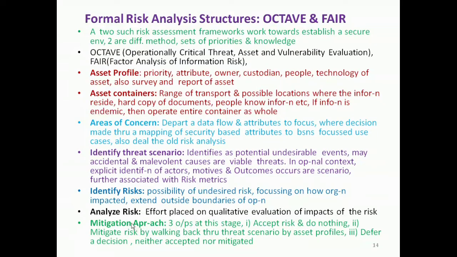So in order to reduce that, mitigation approaches. There are three approaches in practice. One approach is called accept the risk as it is, do nothing, don't say anything about them. The second method is mitigate the risk by walking back through, that is backtracking concepts we can exercise over them, and we can find where that risk originated.